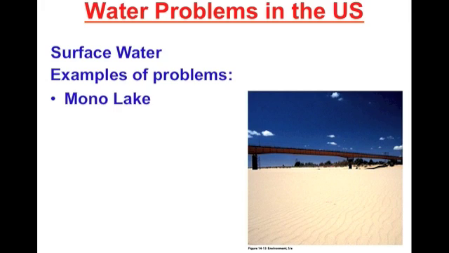Because the amount of water was going down, but the amount of salt was staying the same, the lake became more and more concentrated with salts. And as it became more concentrated, it started becoming more like salt water as opposed to fresh water. As a result, many of the organisms that lived there started experiencing problems related to the changing chemistry of the water.